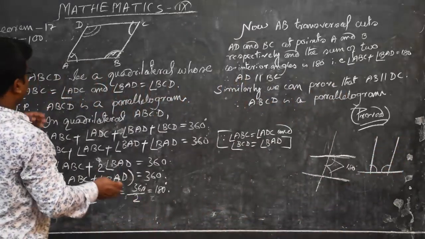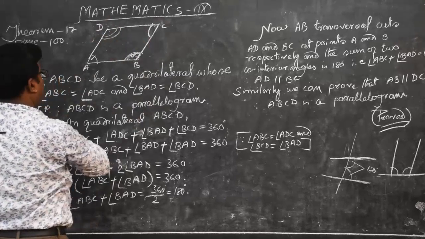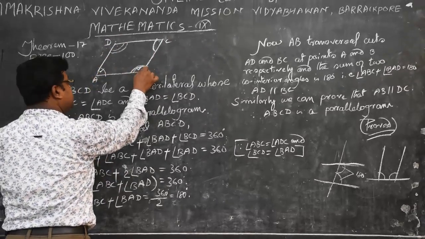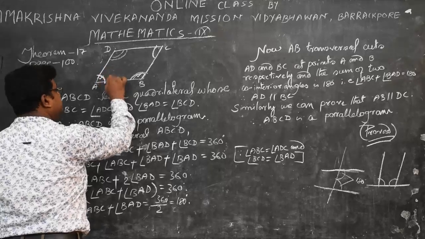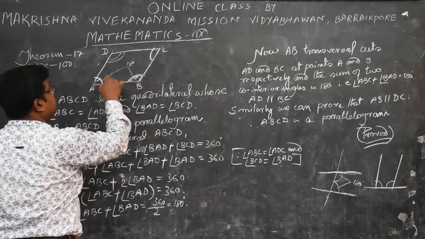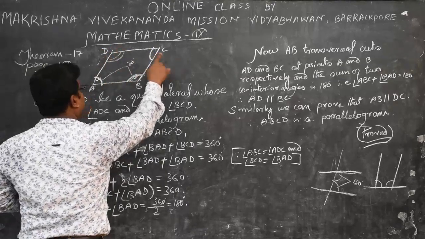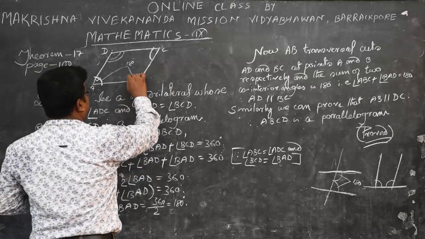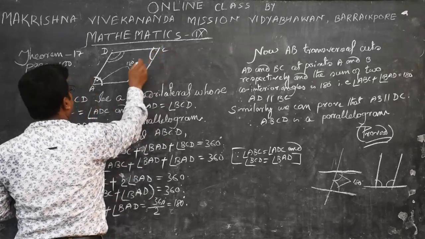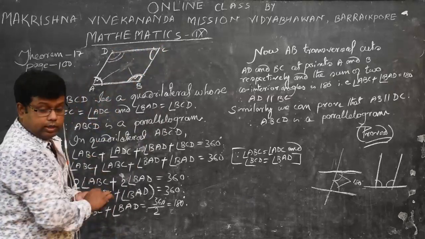Again look here, AB transversal cuts AD and BC at points A and B respectively, and the sum of these two co-interior angles is 180 degrees, so we can say AD is parallel to BC. Again, if you prove angle B plus angle C is 180 degrees, then you can say AB is parallel to DC. Okay, is it clear?